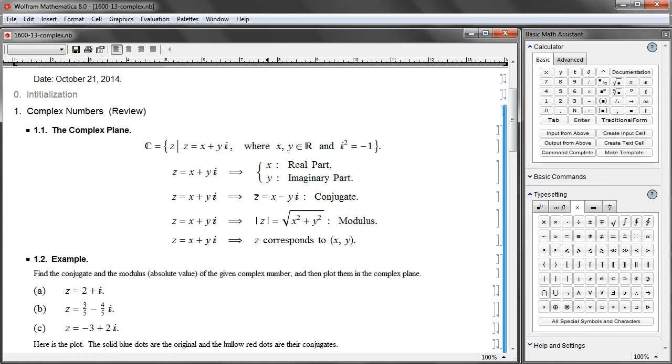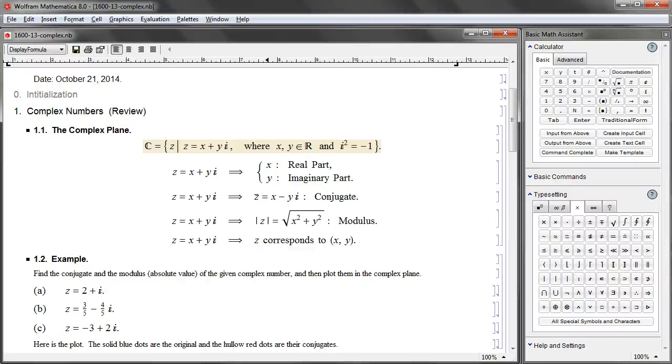So let's review that. What do we mean by a complex number system? Here we go. The complex number system is a set of numbers given by x plus yi form, where x and y are real numbers and i squared is -1. Whenever you do algebra with complex numbers, just regard i as a character and x, y as real numbers, so that you can add, subtract, multiply, divide, and so on.